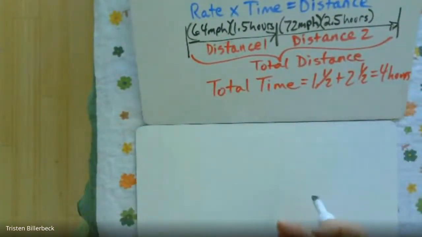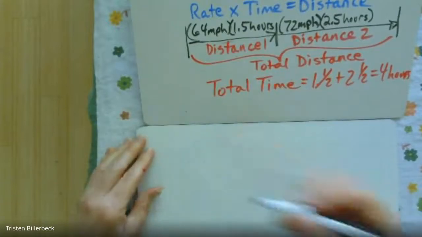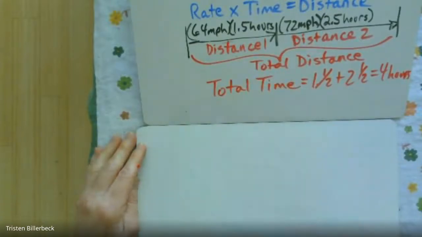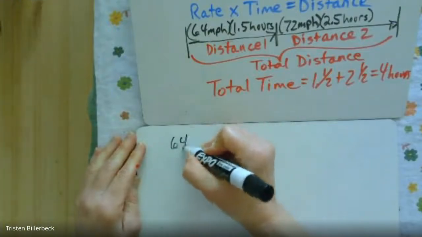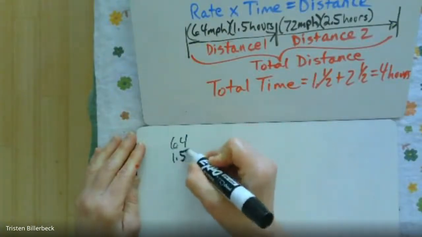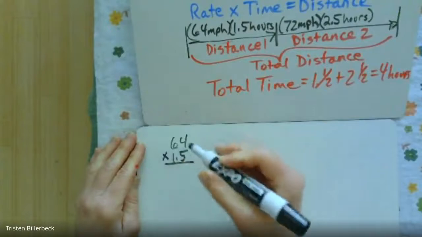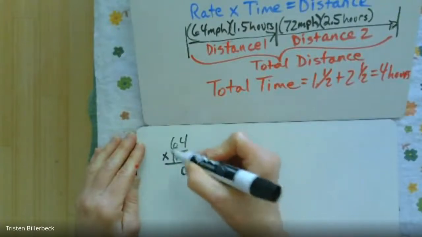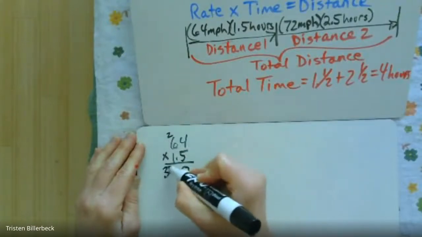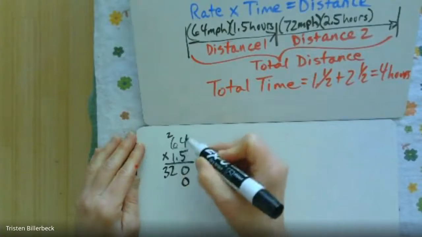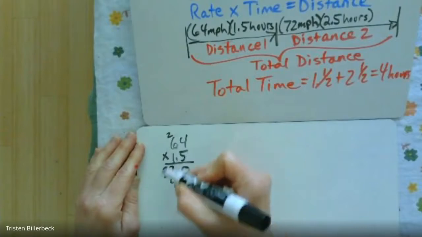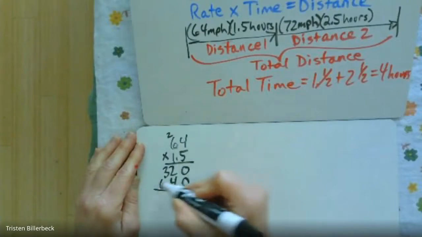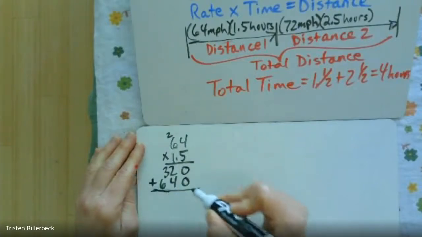First we have to figure out what 64 times 1.5 is. That ends up 320, 32, and then 1 times 4 is 4, 1 times 6 is 6, and we add these up.